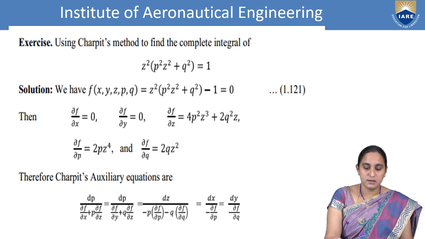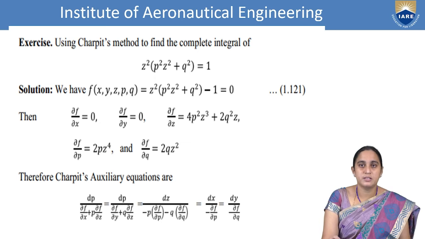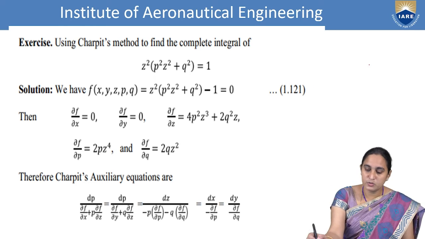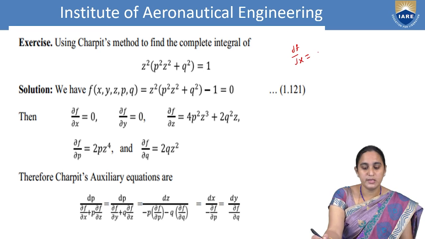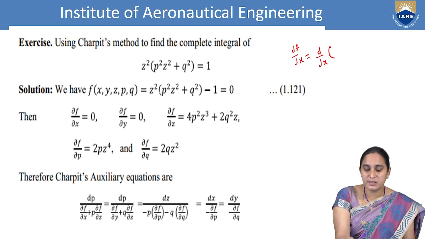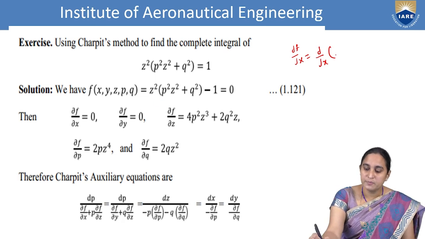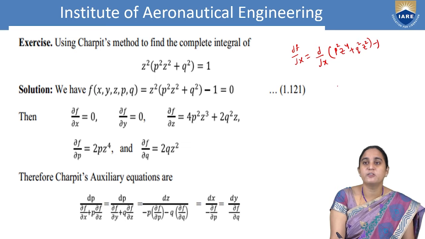Okay. Next, after assigning with f, differentiate first with respect to x. What is dou f by dou x here? Dou f by dou x is equal to dou by dou x of, first I'll multiply inside the brackets with z square, that is p square z power 4 plus q square z square minus 1.